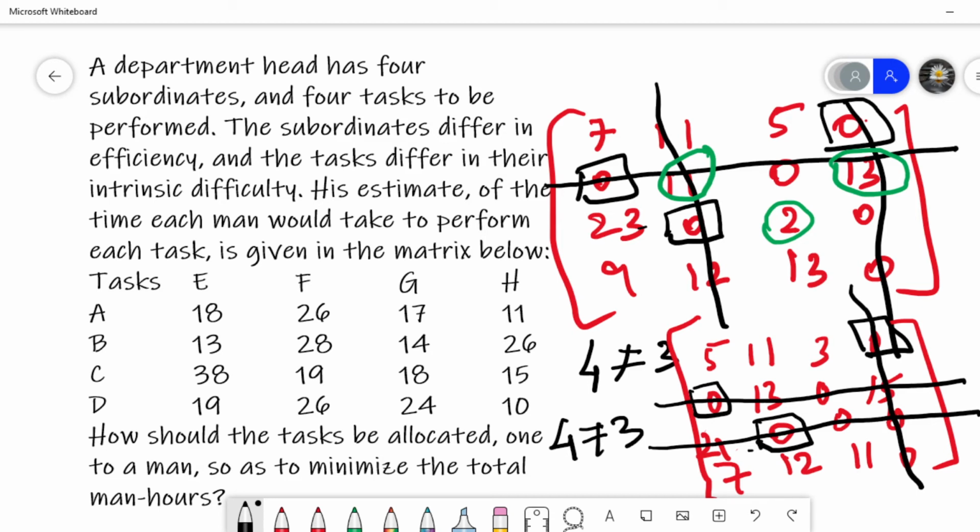So again we should identify the minimum value among the undeleted cell values. Here 5, 11, 3, 7, 12, 11. They are undeleted cell values. Which one is minimum here? 3.